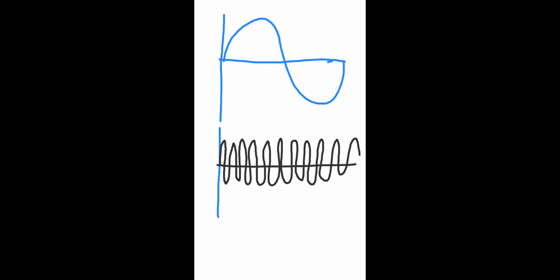Just follow it. This is my message signal, and this is my carrier. There will be many cycles. Then what will be the result?